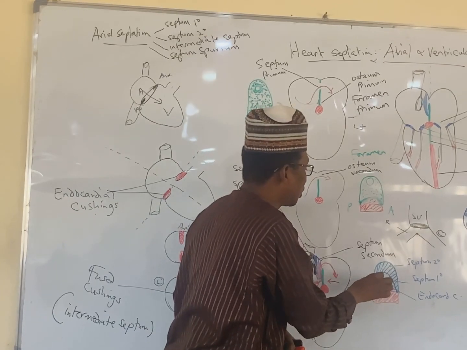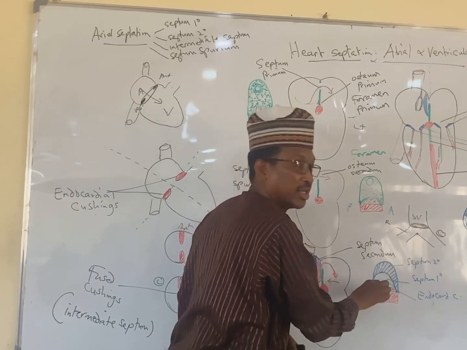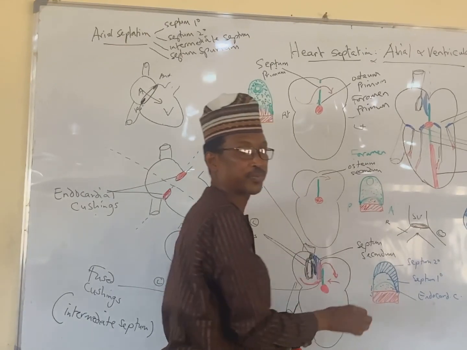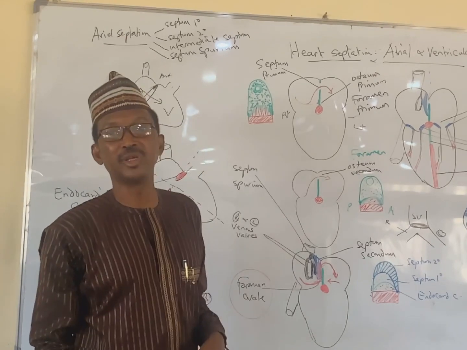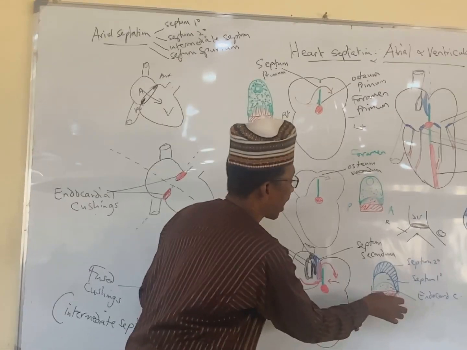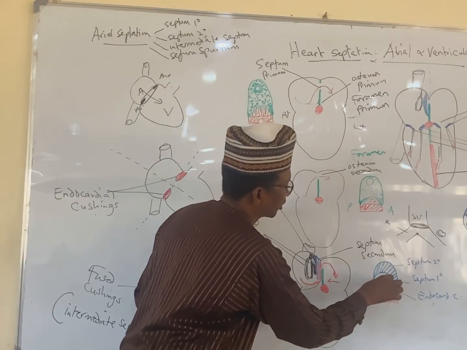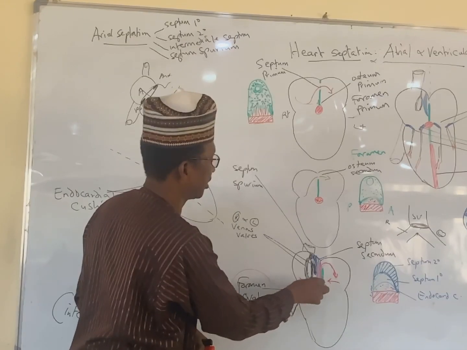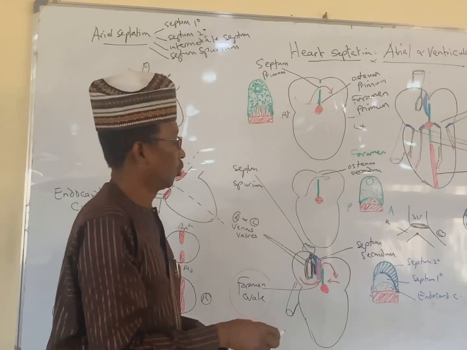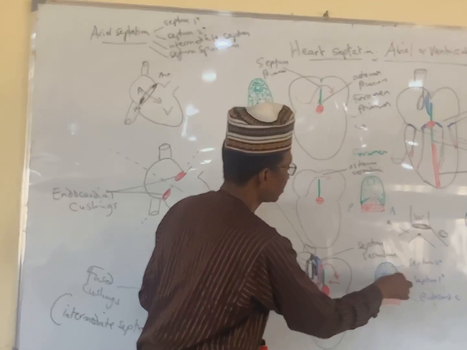The posterior horn falls short of touching the intermediate septum, while the anterior horn touches the intermediate septum. So that it now leaves this wide gap here. This is the foramen ovale here, around here. This one I have already discussed. So now we've seen this.